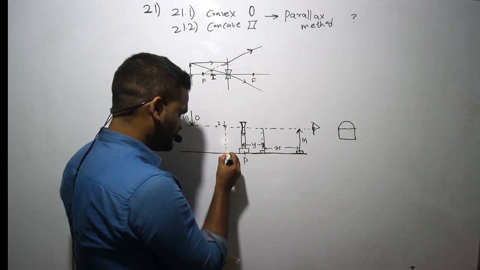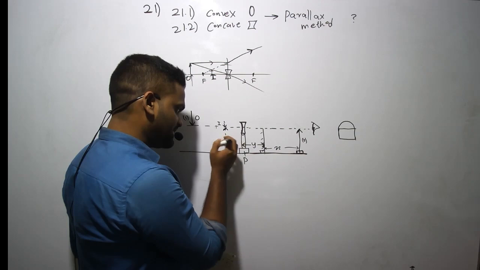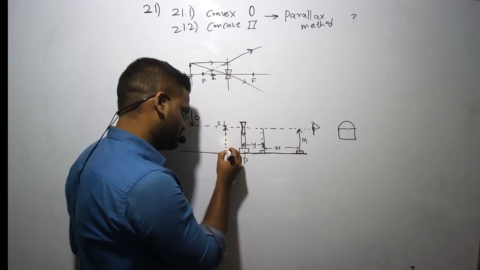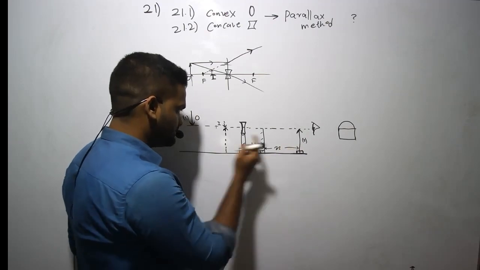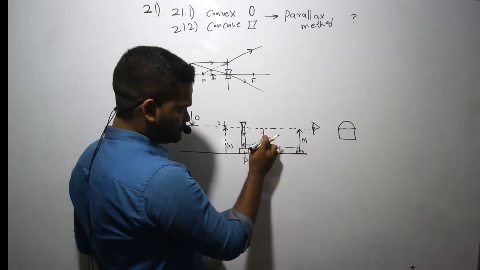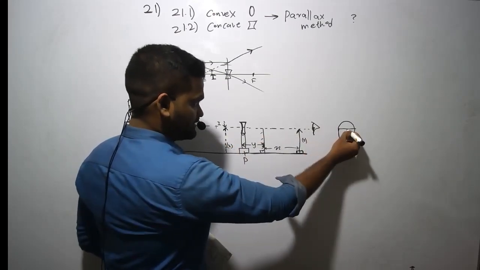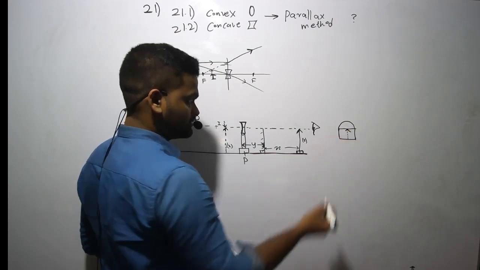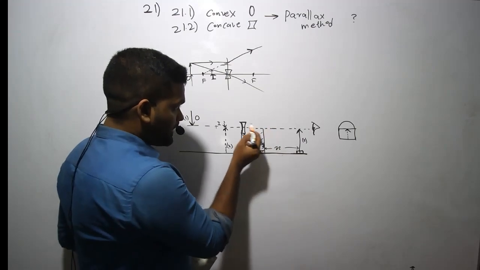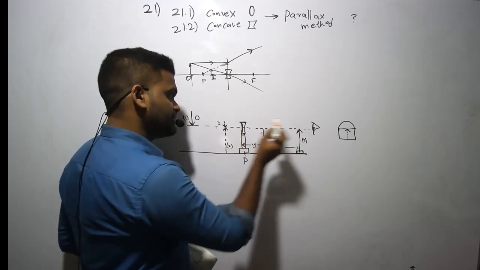Let's say it is formed right here. It is actually not formed right here, right? You have to use the parallax method to exactly put that image here. Through the mirror what you see is an image of this image. Through the lens you see this small image like this.